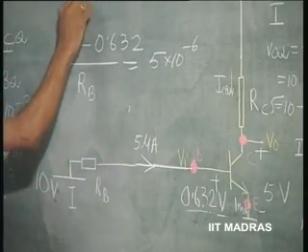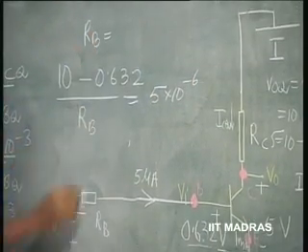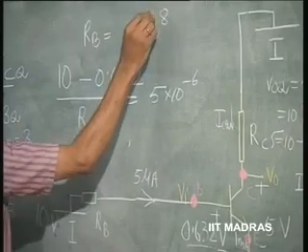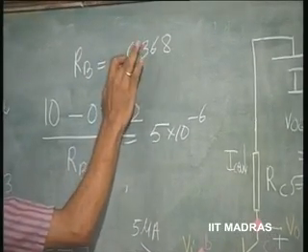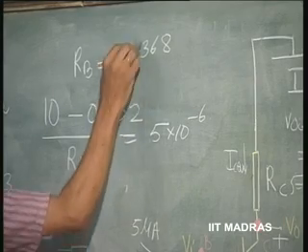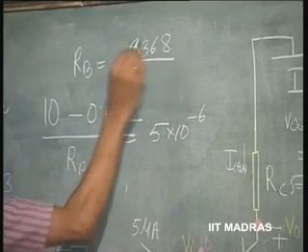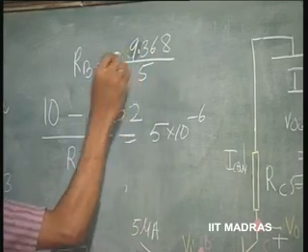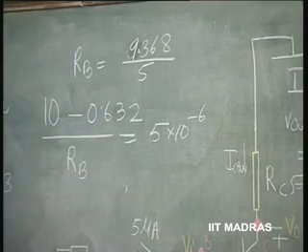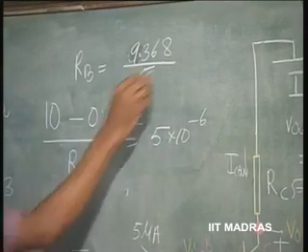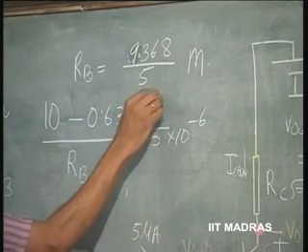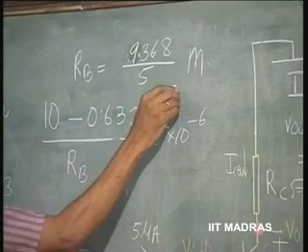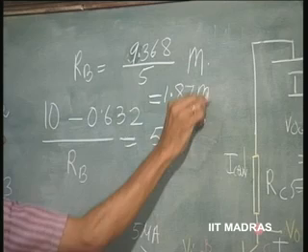Or RB is going to be equal to 9.368 divided by 5 microamperes, which is how much? 1.87 mega ohms.